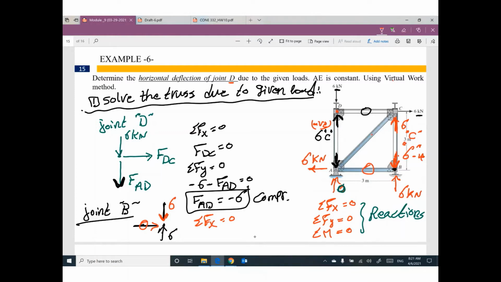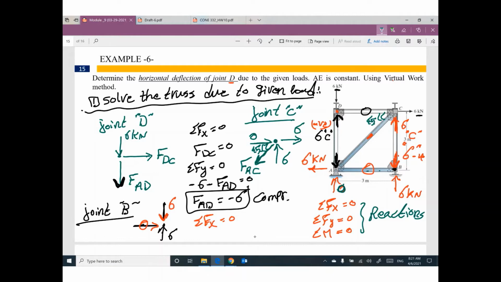We still need one more. What about this member? If you would like to solve this member, I will consider joint C. Here is joint C. This member is 0. We have vertical force 6 kilonewton. We have inclined member. I will assume a tension FAC. I believe this angle is 45 degrees because we have 3 and 3.